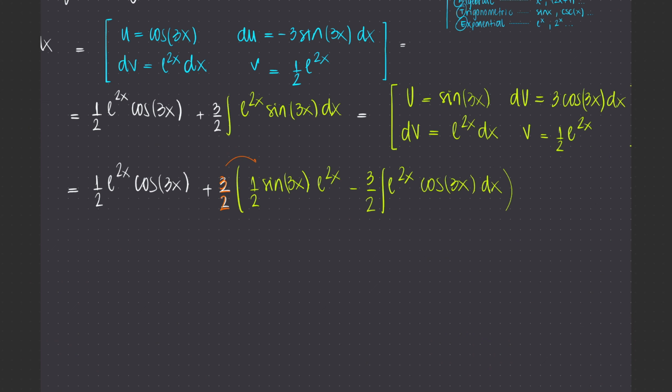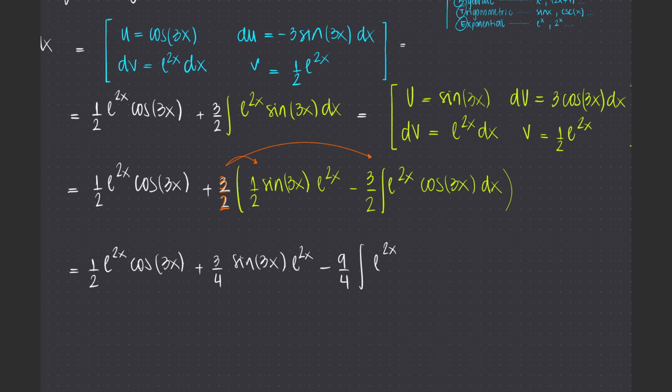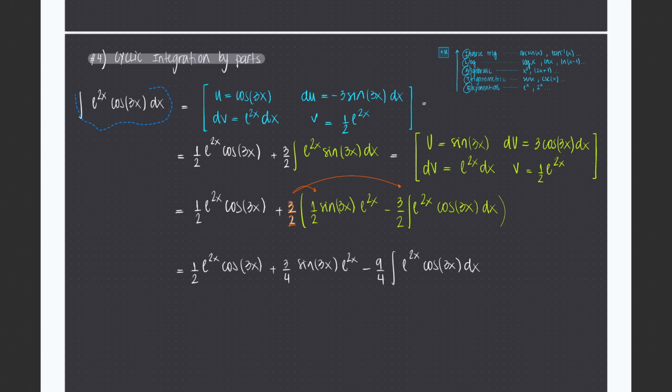Therefore, if we FOIL it, we're going to have 1 over 2 e to the 2x cosine of 3x plus 3 over 4 sine of 3x e to the 2x minus 9 over 4 integral of e to the 2x cosine of 3x dx.